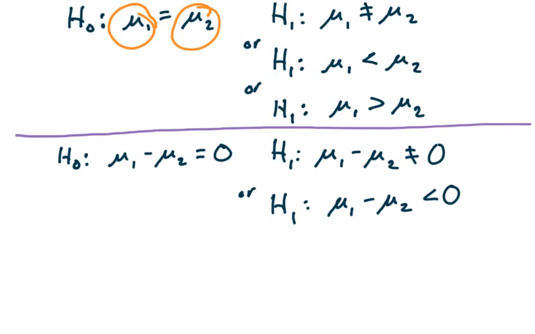So look, if mu1 is less than mu2, then when we take away the larger one, that would be a negative value. Or the third alternative hypothesis would be that the difference mu1 minus mu2 is greater than 0. That would be a right-tailed test.